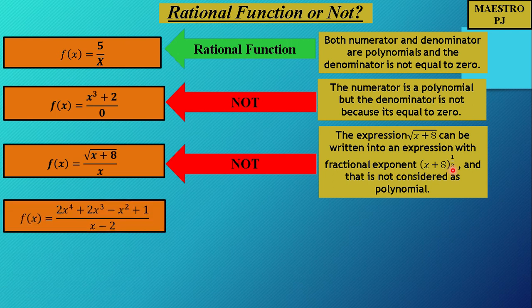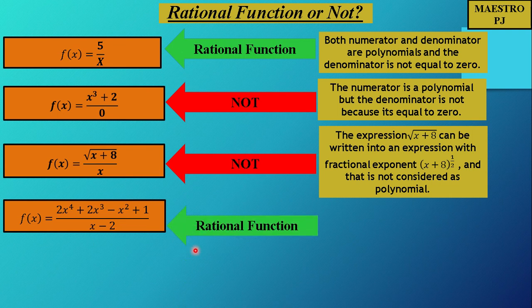Next example, f of x is equal to 2x to the 4th plus 2x cubed minus x squared plus 1 divided by x minus 2. Is it an example of polynomial function or rational function rather? Rational function ba to?